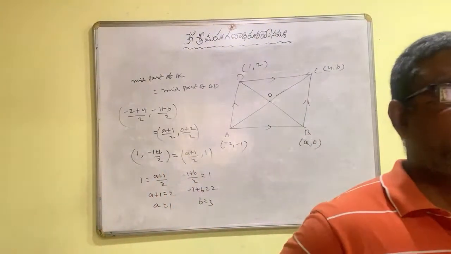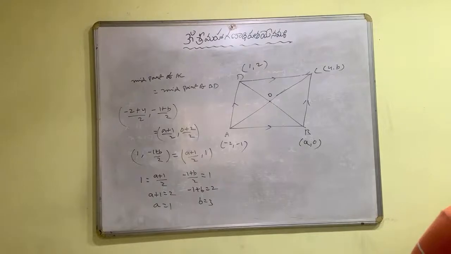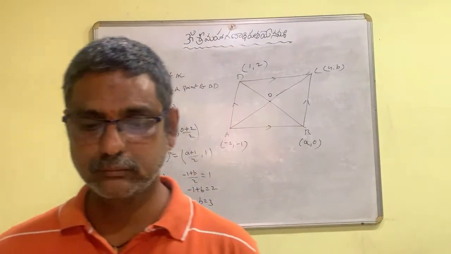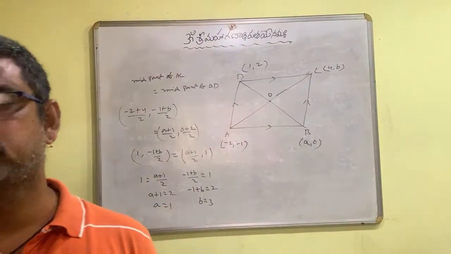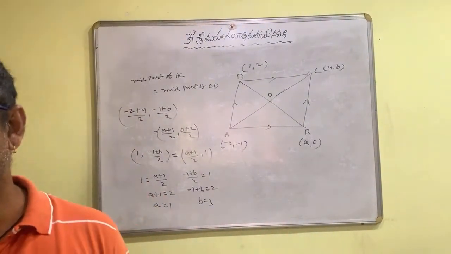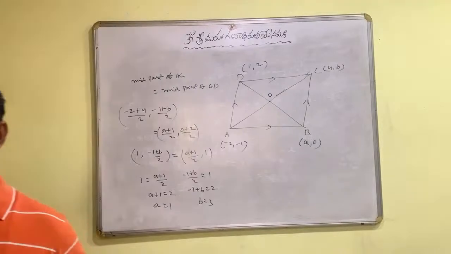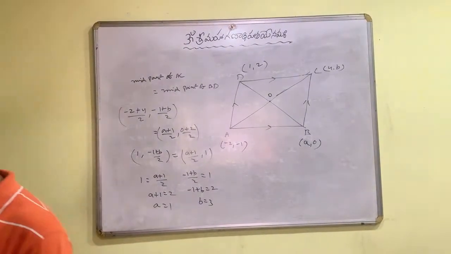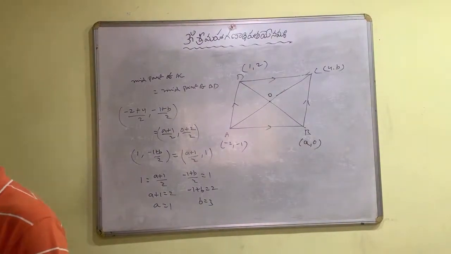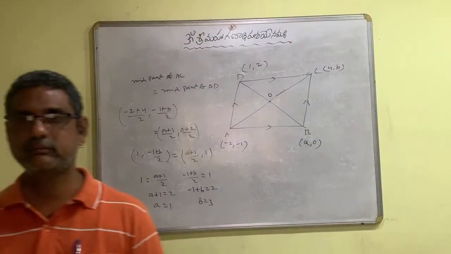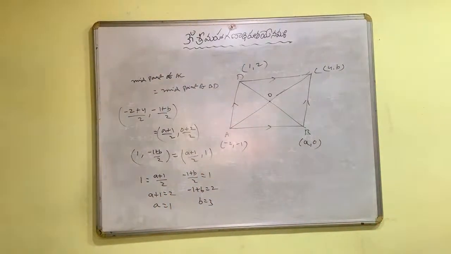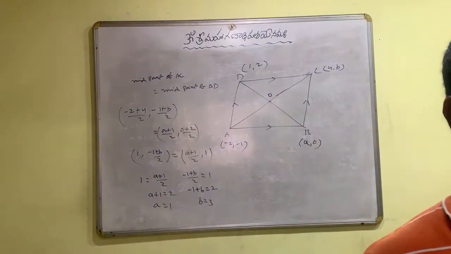So what is the property used to solve this problem, children? Diagonals bisect each other.